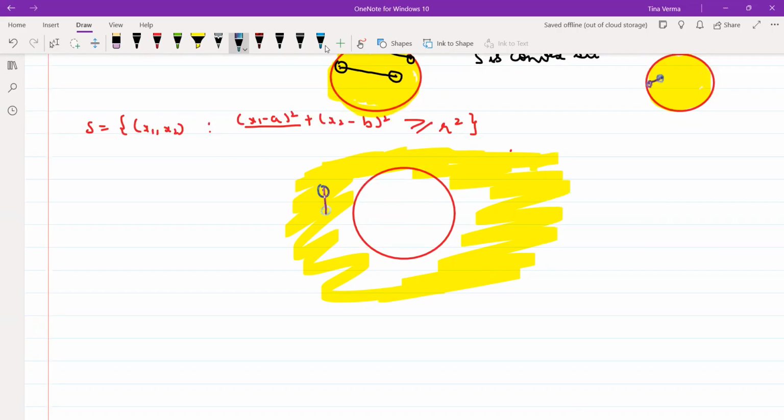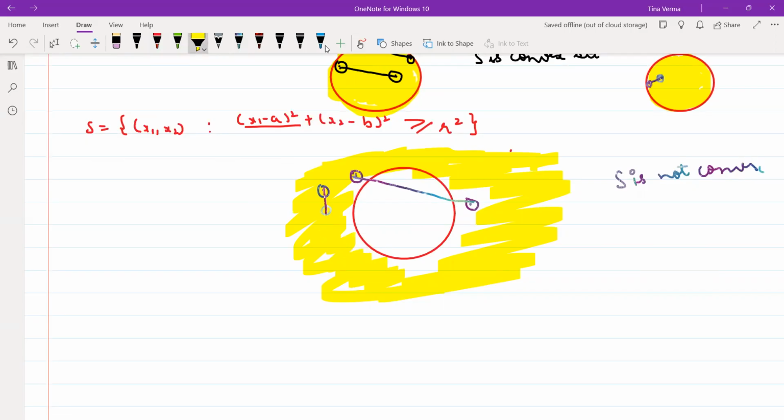Now if I take 1 point here and 1 point here, does the line stay in S? Is it convex? No. For every 2 points, the line should remain in S. Is it in the region? No. That's why S is not convex. So you do not have to check only for 2 points; it should hold for every point. If you take points on one side, it will remain.